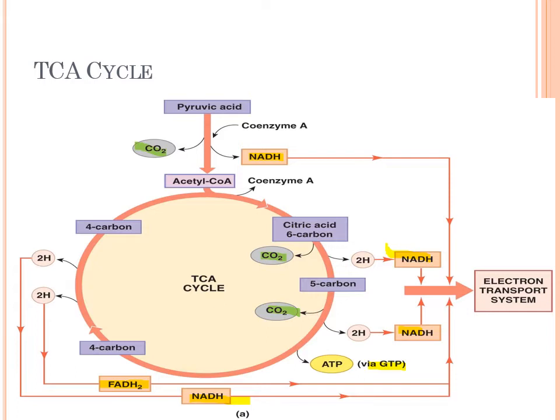So that's the whole purpose of the citric acid cycle, is to create this 1 ATP and then these 4 NADH and this FADH2. And you remember that FAD and NAD are coenzymes. They can bind hydrogen, and then they bring those hydrogen to the electron transport system.